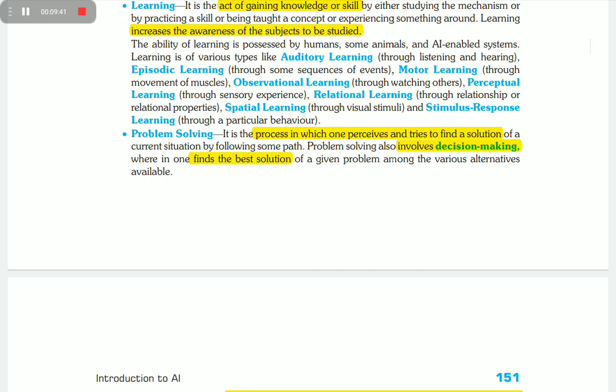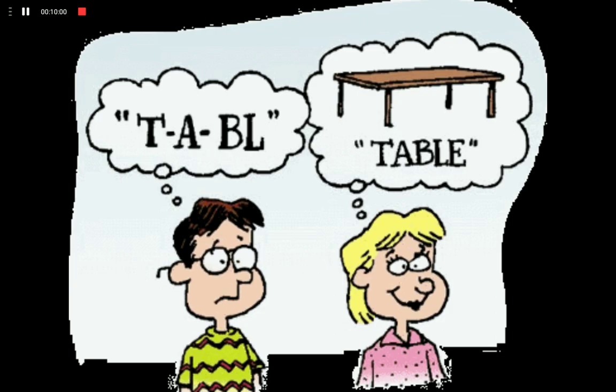Spatial learning through visual stimuli. Stimuli is basically through visual processes. Spatial learning means learning through visual means. If I show a photo like this, I showed you a visual or spatial learning table.